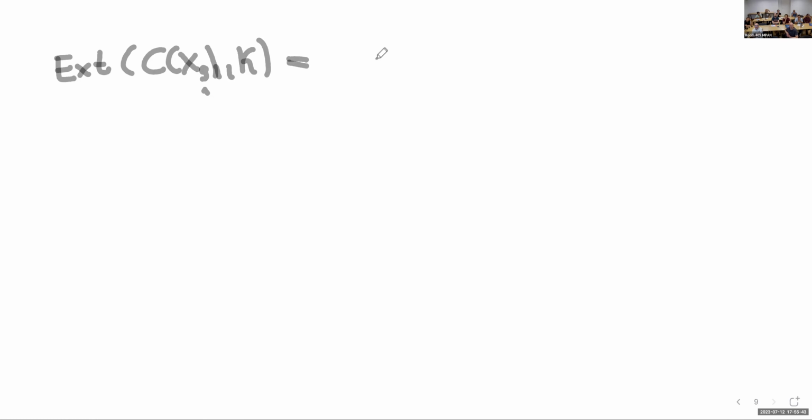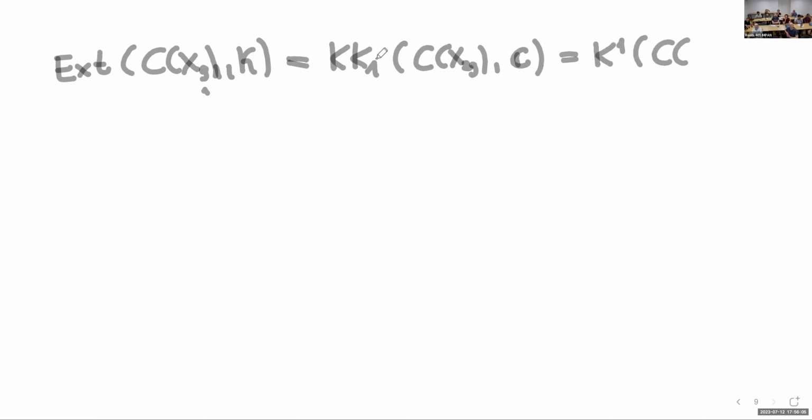But that is, in our case, with this nice C-star algebra, K of X to G. Well, it's K stabilization of C, and this is K homology, the K homology of C star of X to G.